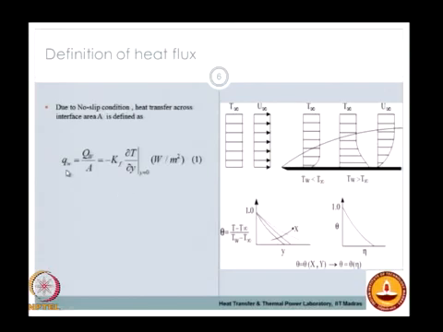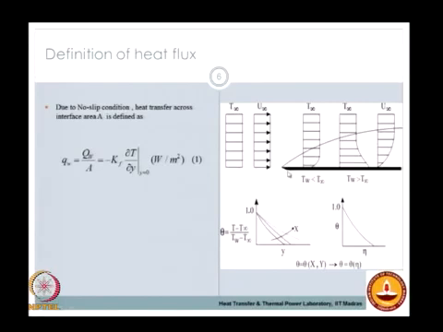If you are applying Fourier's law at the wall, we define the wall heat flux as minus k_f, where k_f is the thermal conductivity of the fluid, times the gradient of the temperature at the wall, that is at y equal to 0.